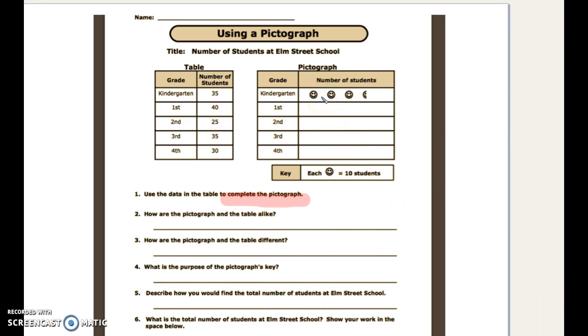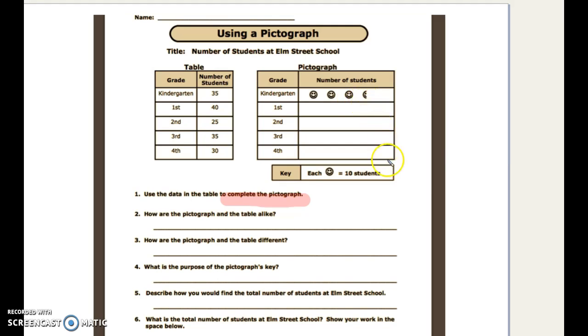Looking here, it tells me that if each smiley face equals 10 students, kindergarten has 35 students. So if I put one smiley face, that equals 10 students, plus 10 more students, so 10 plus 10 equals 20, plus another 10 students, which equals 30.